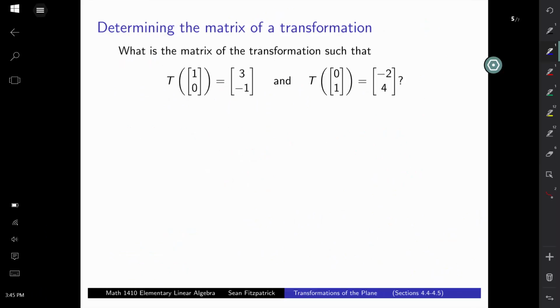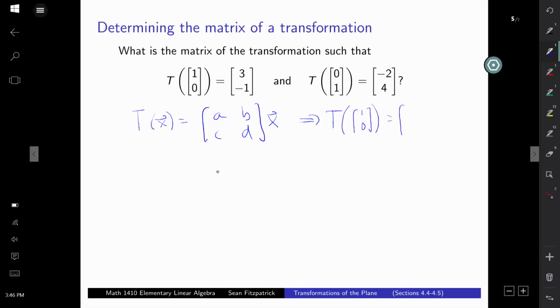Now, we saw in the last few examples that if you know the matrix, then it's easy to calculate t, the value of t on both 1, 0 and 0, 1, because those are just the columns of your matrix. Well, you can reverse this process. We know that if t of x is equal to the matrix a, b, c, d times x, then we know that t of 1, 0 is a, c, which in this case has to be this vector 3 and minus 1.